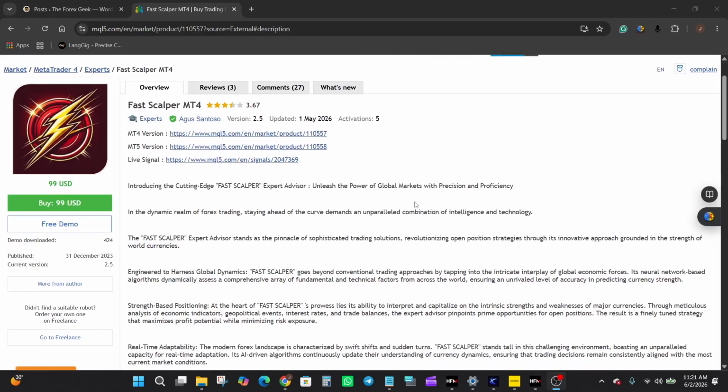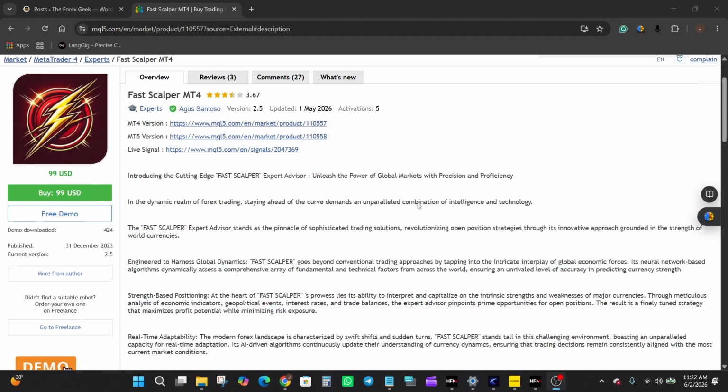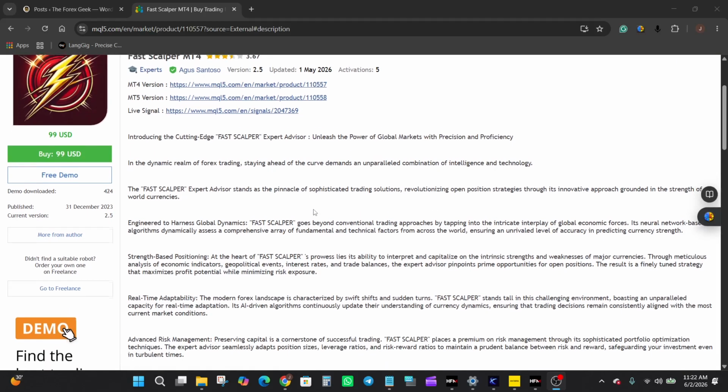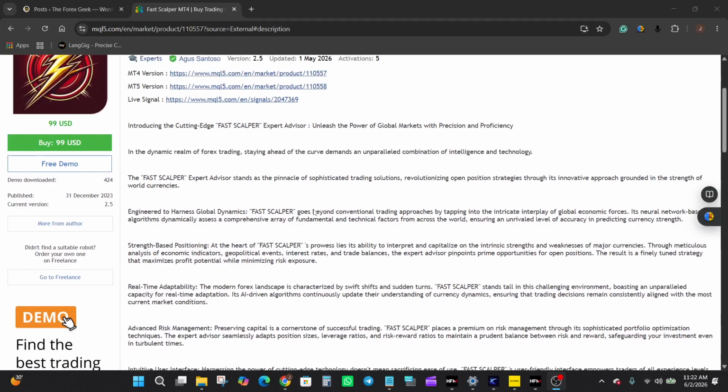The core concept presented here is that the EA evaluates a broad range of market information to identify potential trading opportunities based on changing currency strength conditions. Now, as I continue through the product description, the developer highlights the use of neural network-based algorithms that assess both fundamental and technical factors.